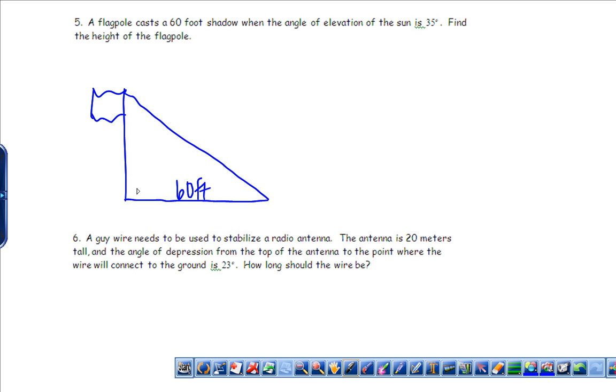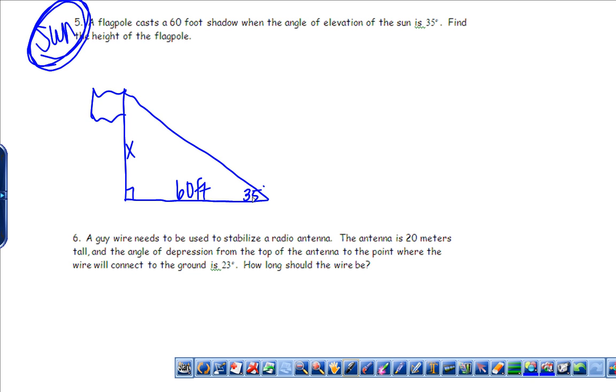Well, here's your triangle. Of course, the sun is up here. Where's an angle of elevation? Elevation is always looking up. So your elevation is down here at 35 degrees. And I know that's the strangest part because I always want to put the elevation up here. The shadow is down here. Find the height of the flagpole. So we want to find this.